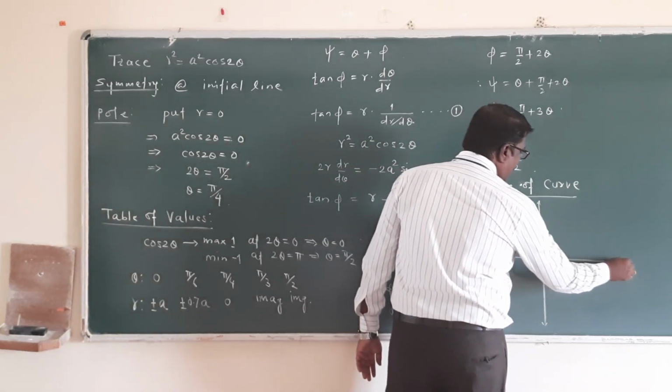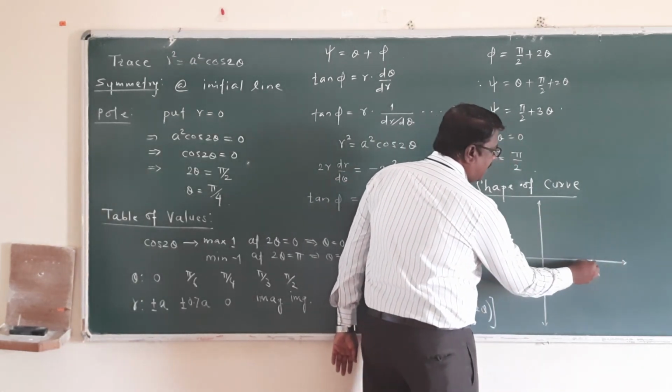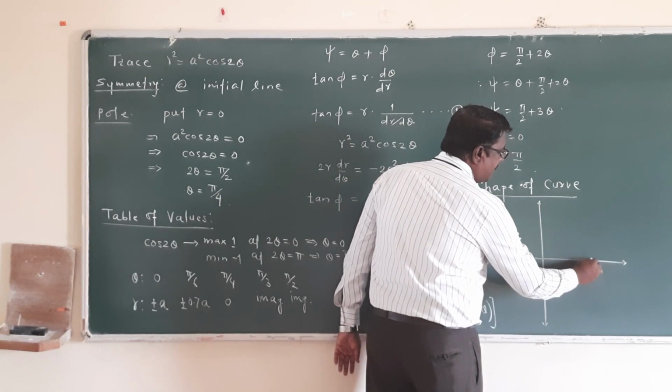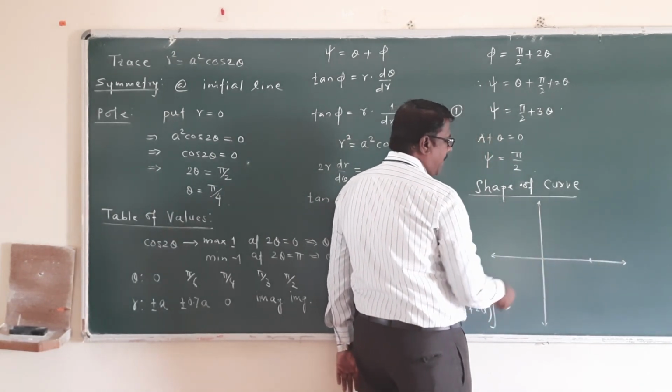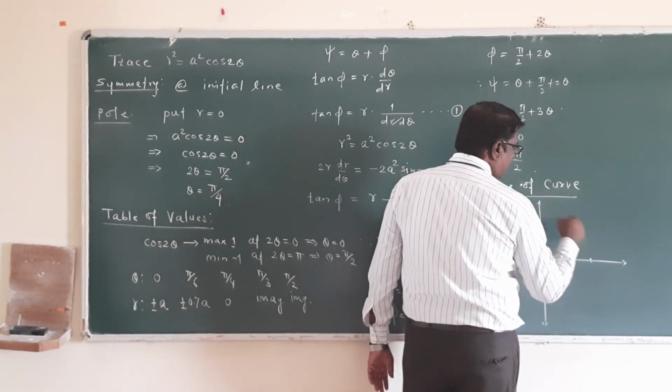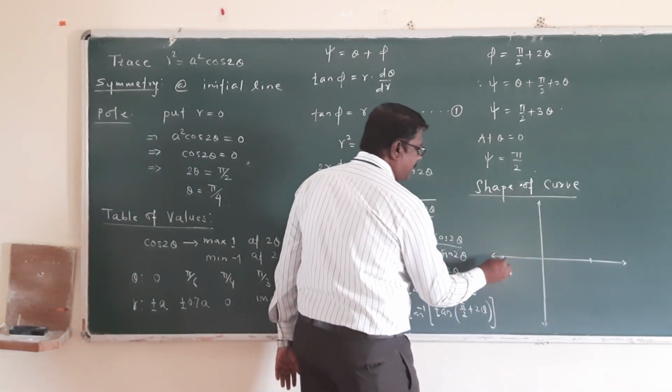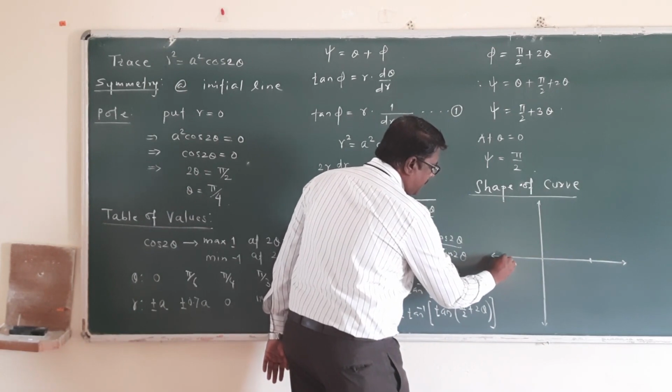When theta is 0, r is plus a, it means this point. So this point is at distance a from pole. And when theta is 0, r is minus a, it means this point.